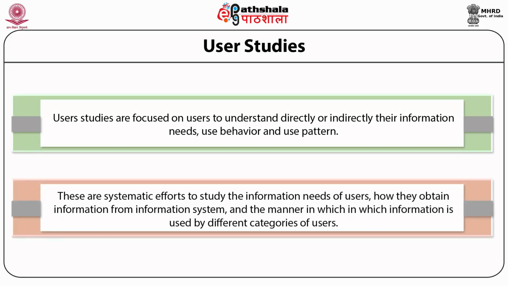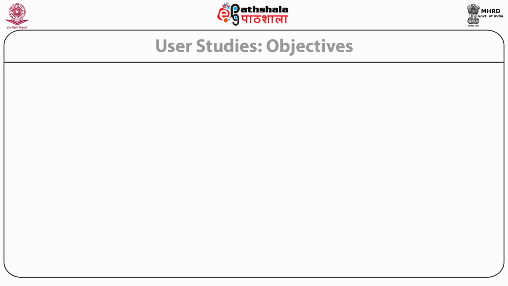There are systematic efforts to study the information needs of users, how they obtain information from information systems, and the manner in which information is used by different categories of users. These things need to be determined by the librarian in the user studies.